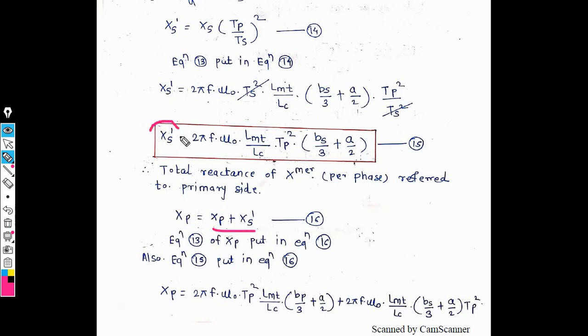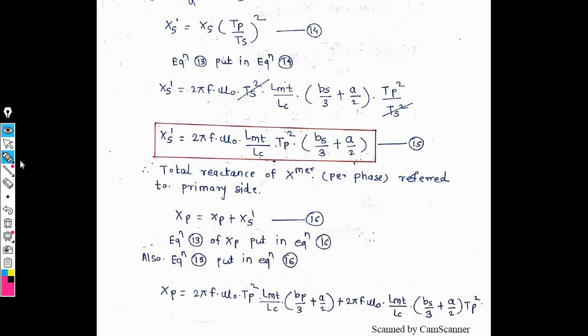Then put the values of Xs dash, that is equation number 15, and also we have to calculate the value of Xp, that is equation number 13.